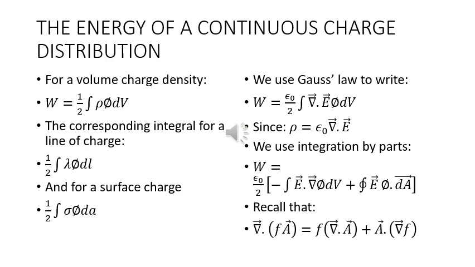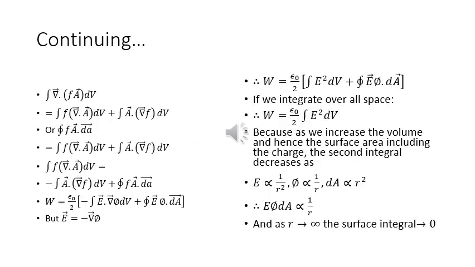You can recall that divergence of FA is given by F divergence of A plus A dot gradient of F. When we substitute this expression for divergence of FA, we can rewrite this using Gauss divergence theorem as closed integral FA dA over the surface which encloses the volume V.